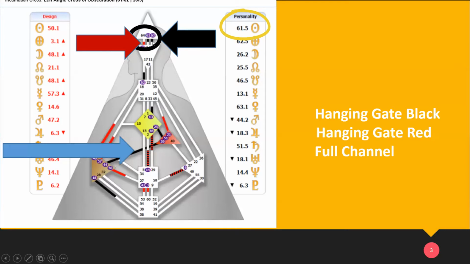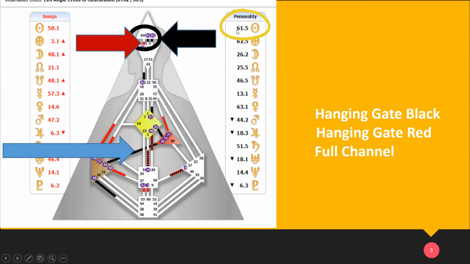When it's black, it's going to come from the personality side. So all these numbers that you have here on the right-hand side are going to show up as little hanging gates based on the I Ching and based on the Rave chart. So in this example, you see this hanging gate 61 here.